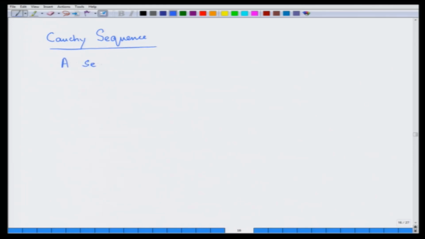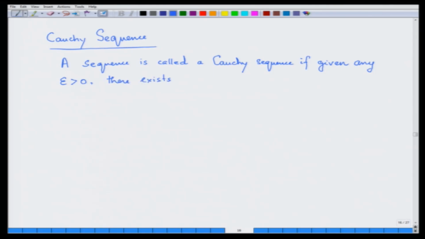A sequence is called a Cauchy sequence if, given any epsilon greater than 0, no matter how small, there exists n naught, an element of N. This is very important to note.